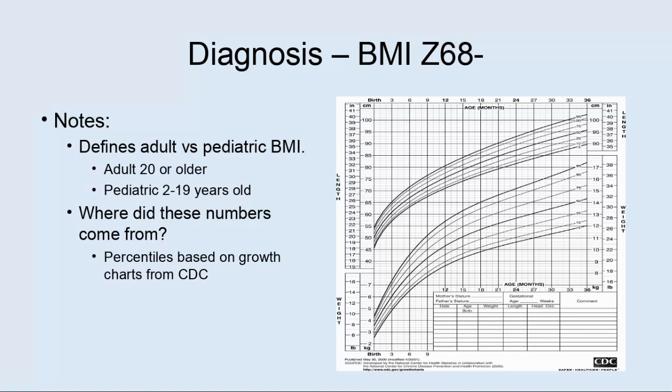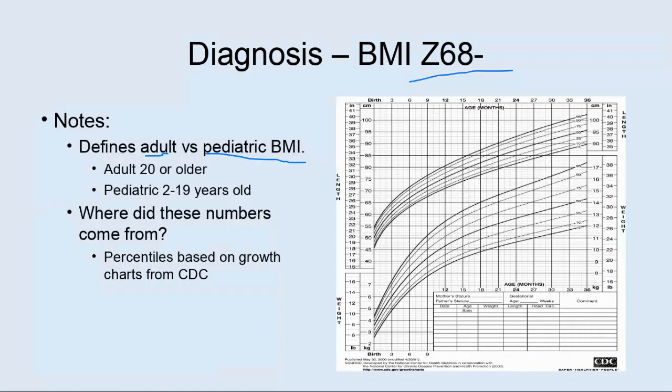The notes under category Z68 define adult versus pediatric. You'll see that there's a bunch of different codes, and they'll say adult BMI, pediatric BMI. So when do you become an adult? Well, according to this, you become an adult when you're 20 or older. A pediatric patient is coded for patients ages 2 to 19.